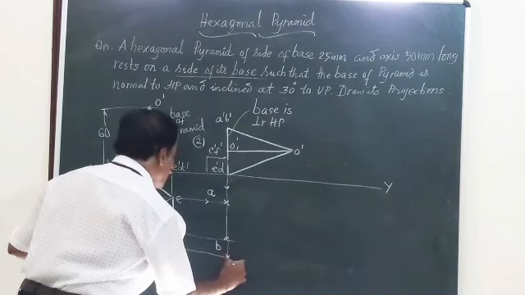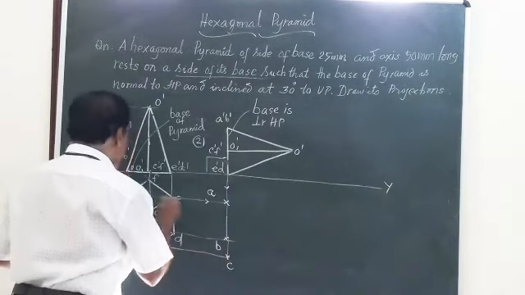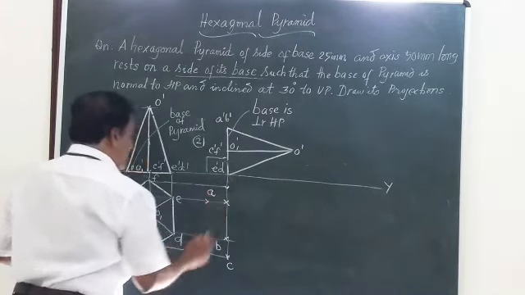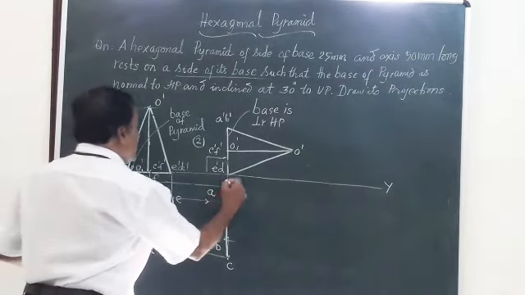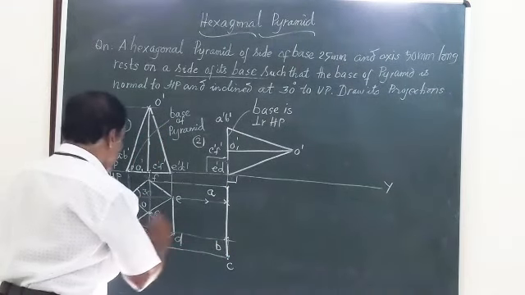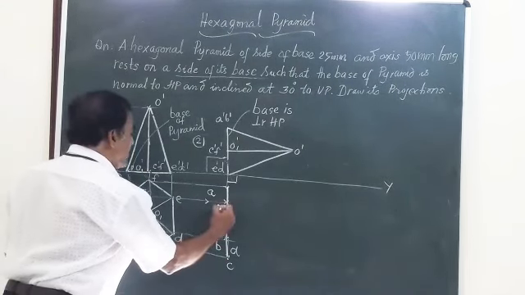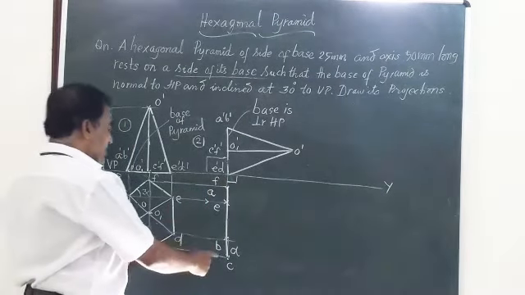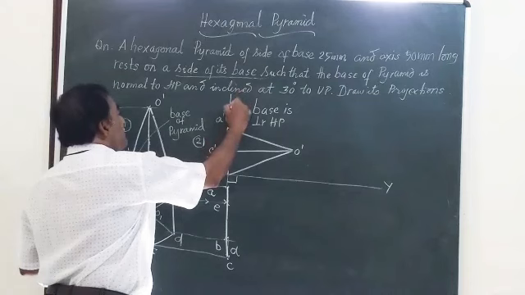Next, D, horizontal from D, vertical from D. F. So you are going to get in the top view a line, and remember this line is now perpendicular to VP. This is A, B comma D, this is C, and this is A comma E. The top point is F. Now this line represents the top view of the base of the solid.